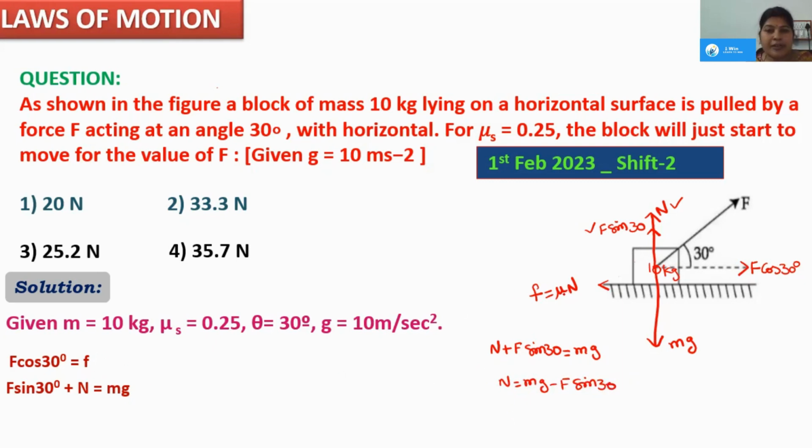Small f equals mu into N. Substituting N, mu into N is mu into mg minus F sin 30. Here onwards I am going to write the N value: bring this F sin 30 to this side, then it becomes mg minus F sin 30.